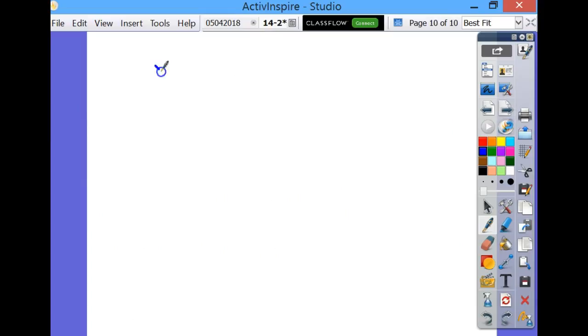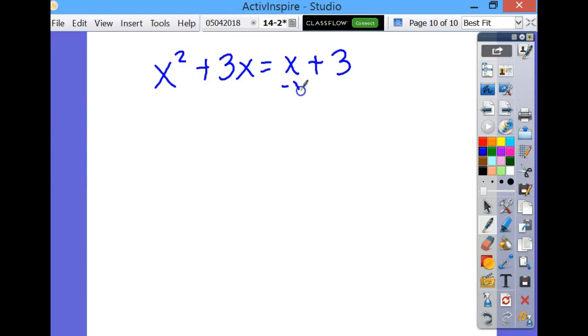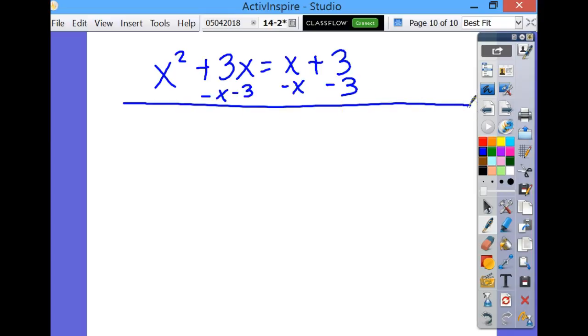So I had x squared plus 3x equals x plus 3. Did I copy it down correctly? And so I need to make this side equal to 0 so I can factor it. That's going to give me x squared plus 2x minus 3 equals 0 when I combine like terms.